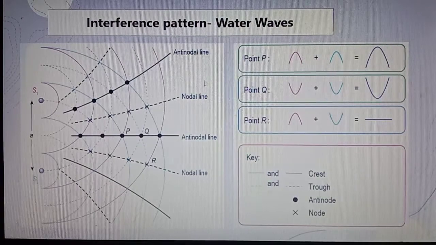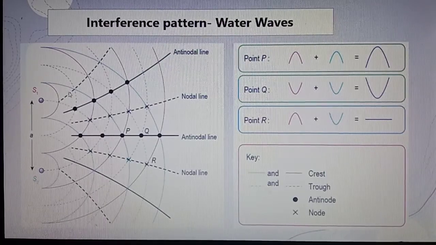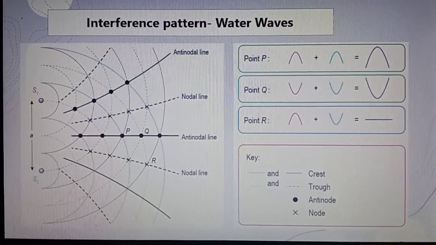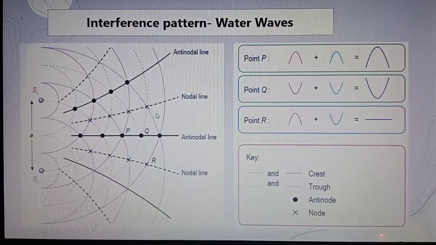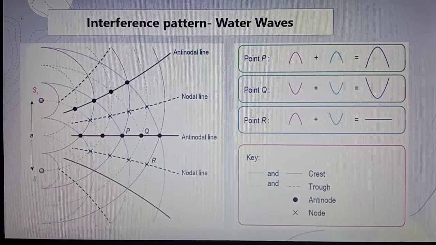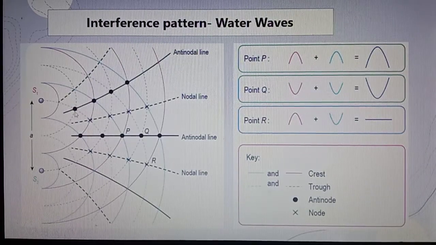As we discussed before, in order to produce constructive interference, it's either crest meets crest or trough meets trough. Destructive interference is crest meets trough. So you can see from here, if I look at the first line, at this point the broken line meets the broken line, so this is trough meets trough.